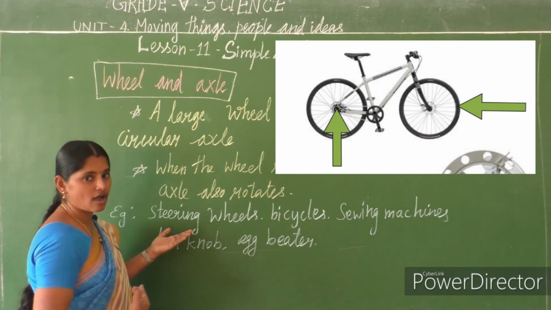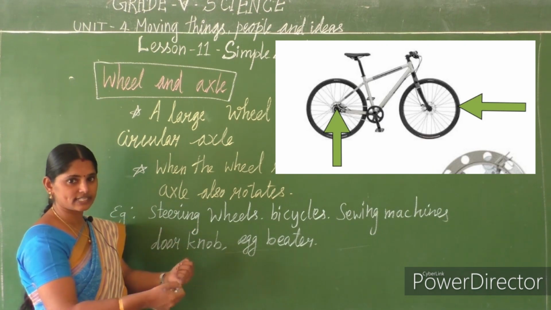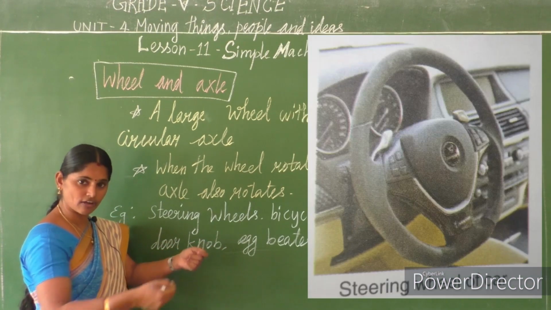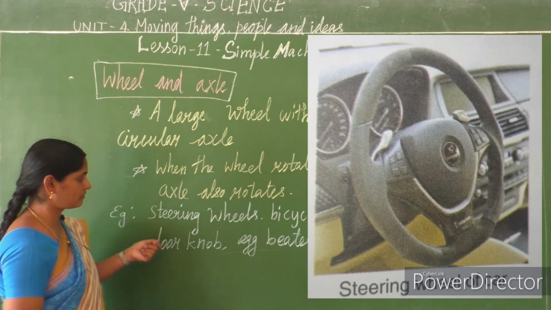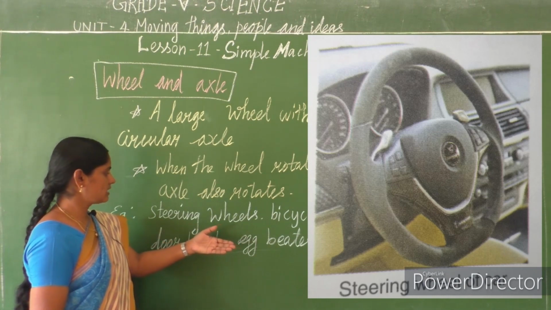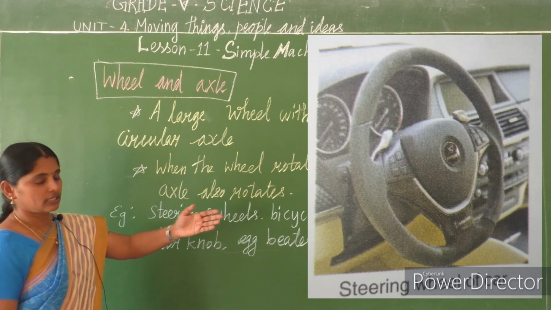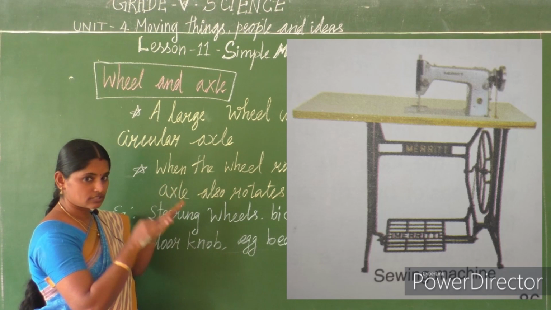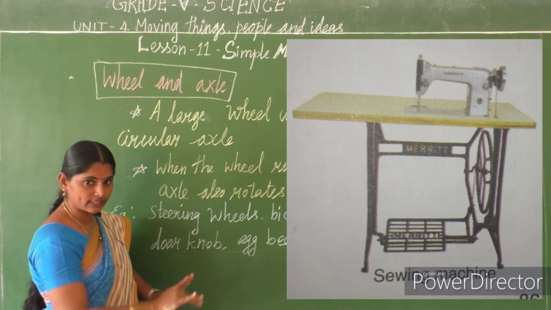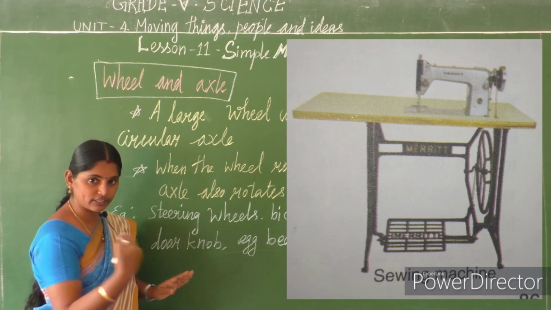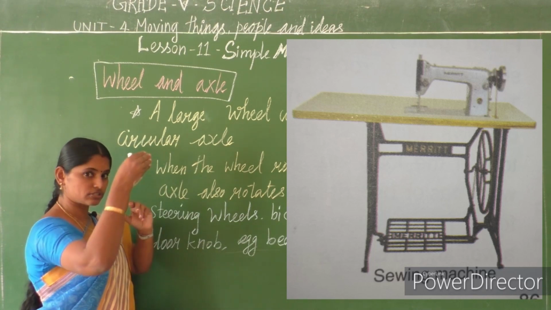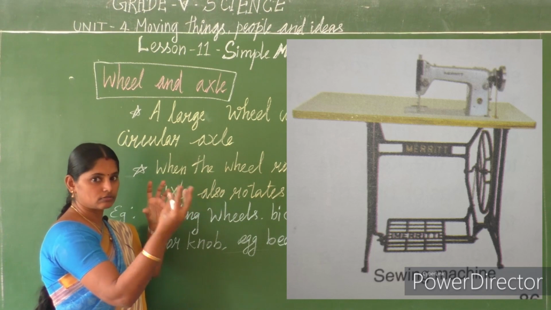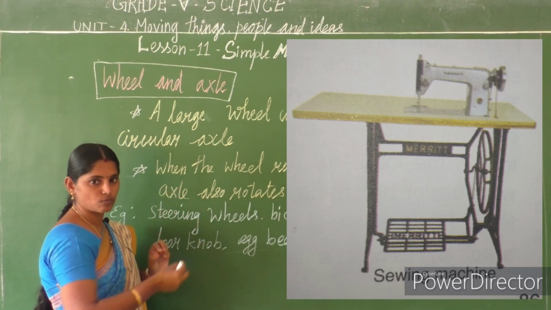In your car, the steering wheel is a wheel and axle, okay. Here the steering of a car is also an example of wheel and axle. And in your sewing machine, where we are pedaling, nearby that pedal there is one big wheel, and in the upper area of the machine there are many smaller wheels and axles.